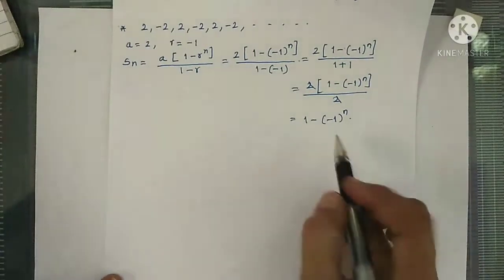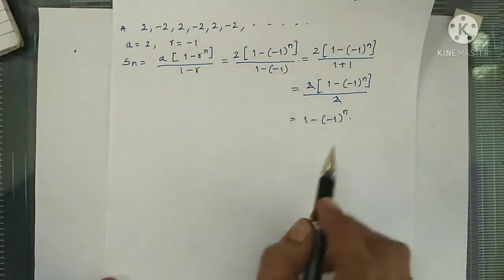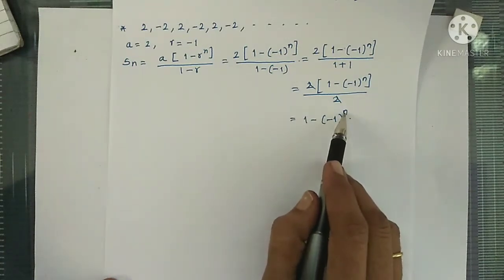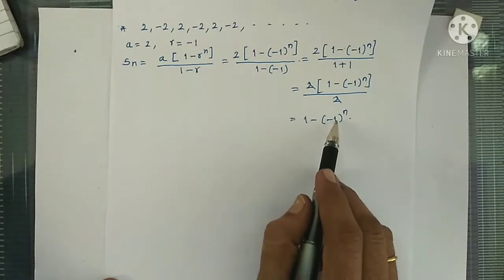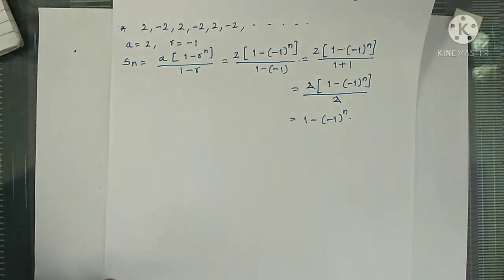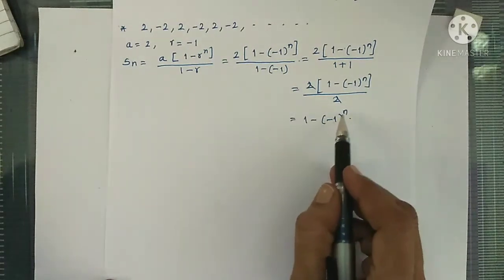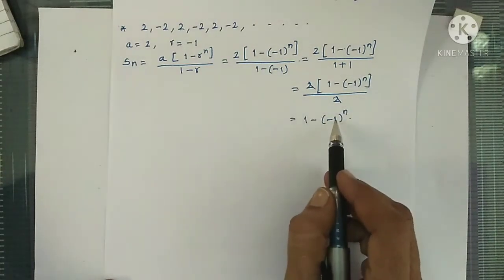Remember that we cannot remove this bracket as this value depends upon n. If n is even, then minus 1 raised to even power will be 1, and 1 minus 1 will be 0. And if n is odd, then minus 1 raised to odd power will be minus 1, so in that case it will be minus 1.